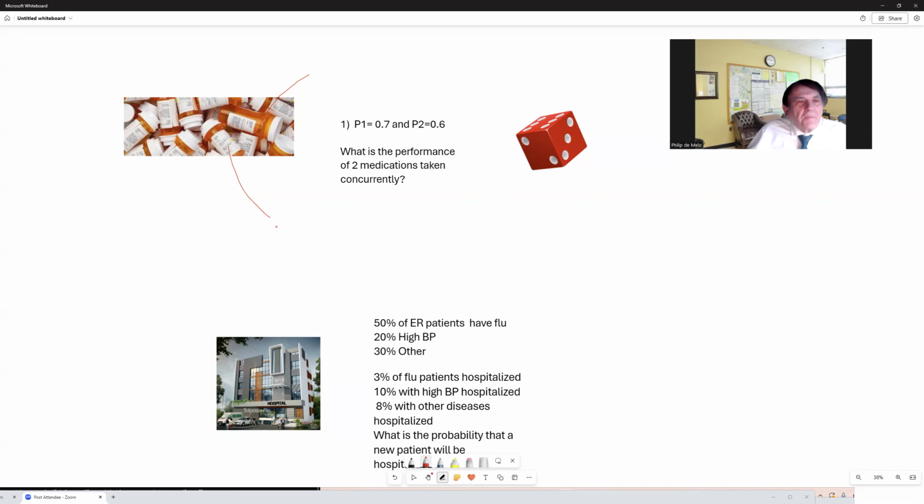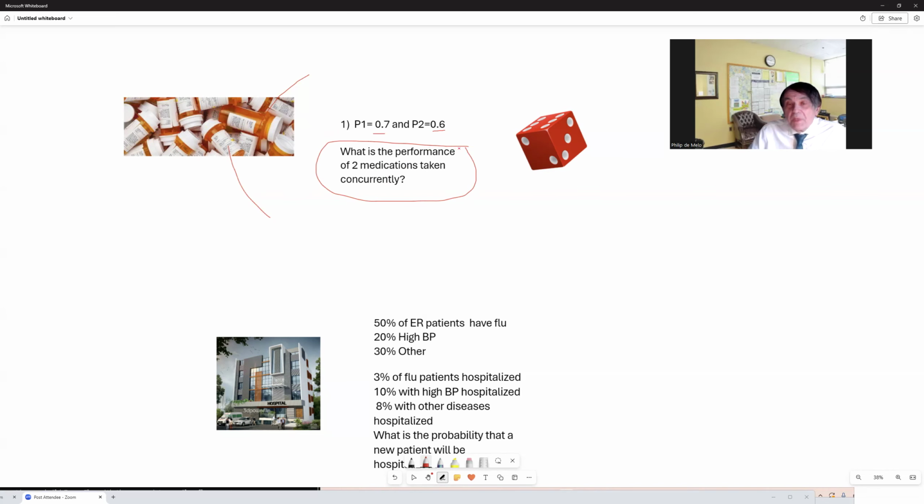Suppose the first performance indicator, the performance value, is 0.7 for this medication and 0.6 for this medication. So the question is, what will be the performance if a patient takes two medications concurrently?